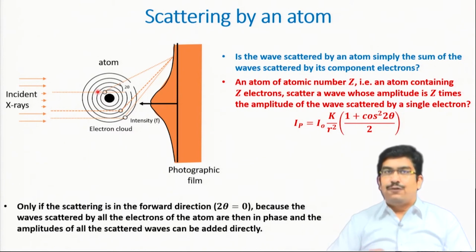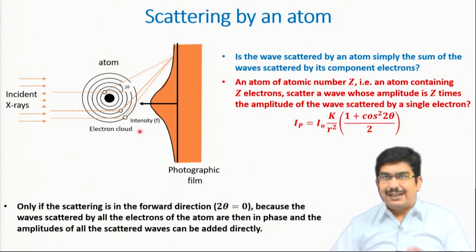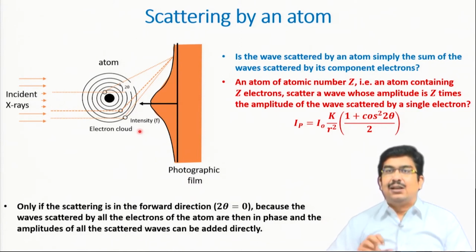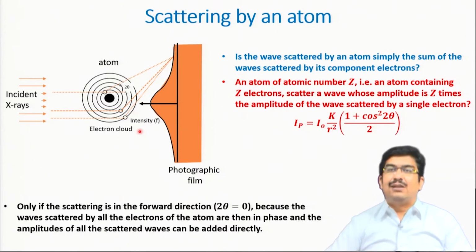Now if we want to calculate the total intensity of this entire atom, the question is, is the wave coming out of the incident X-ray interacting with all the electrons, the scattered wave coming out of this atom, simply the sum of the waves scattered by all the electrons it contains?